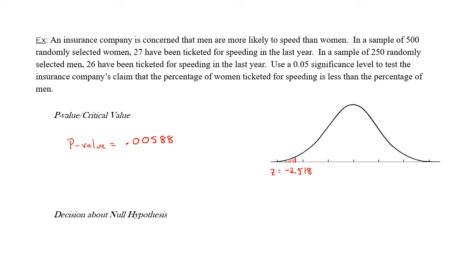Okay, so it's a very small value for p, and since it's much smaller than the significance level of 0.05, we're able to reject the null hypothesis. So what does that tell us about the original claim?